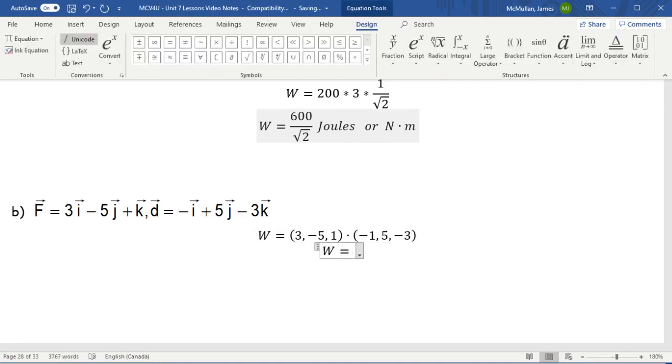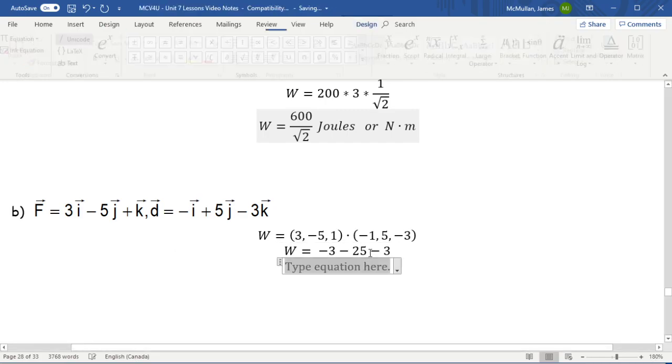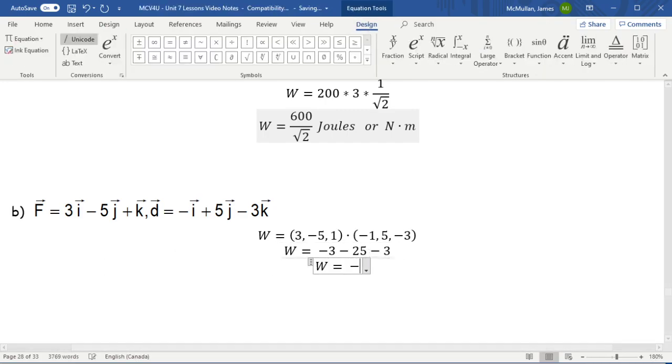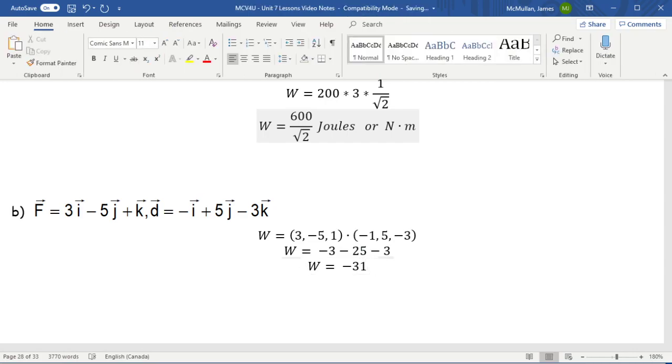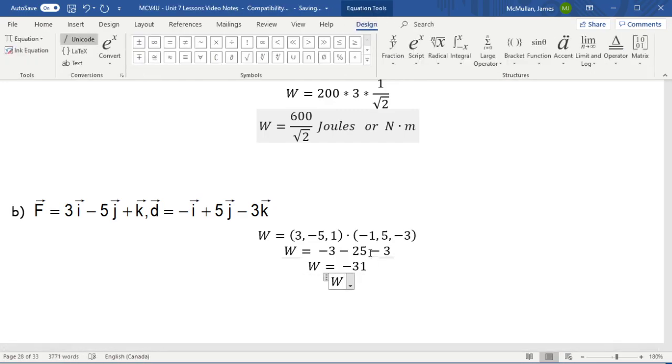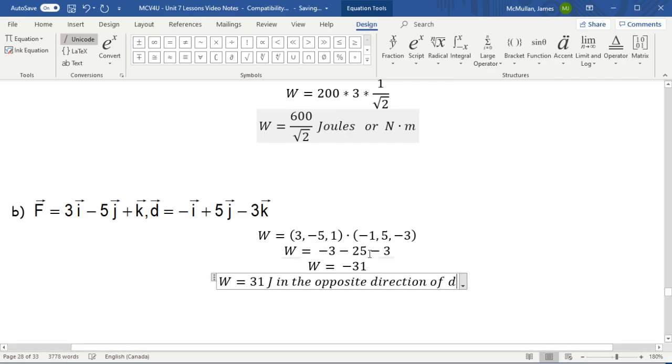And the work done is simply -3 minus 25 minus 3. The work done is negative 31. Now, of course, what does negative work mean? It doesn't mean negative energy or energy has been created. It just means 31 joules in the opposite direction of D.